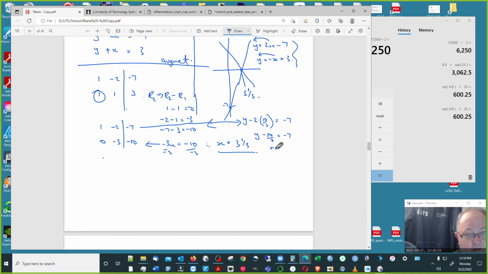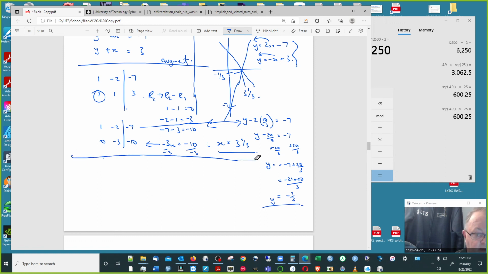So we'd add it to both sides. So y would be equal to minus 7 plus 20 on 3, which is minus 21 plus 20 on 3, so it's a negative third. That would be your y value. So that's a fundamental skill, being able to get to that point.